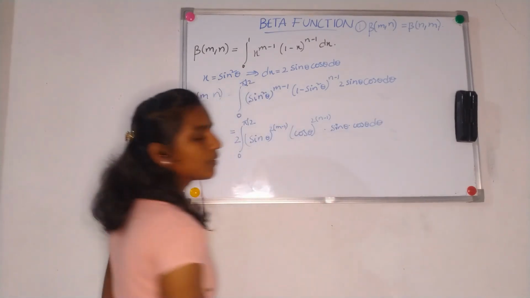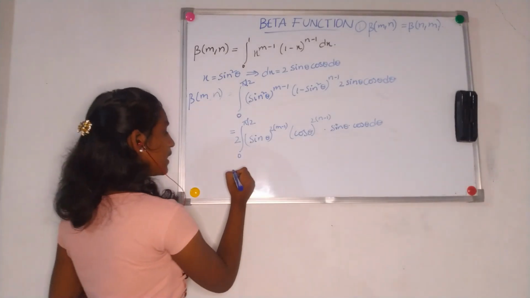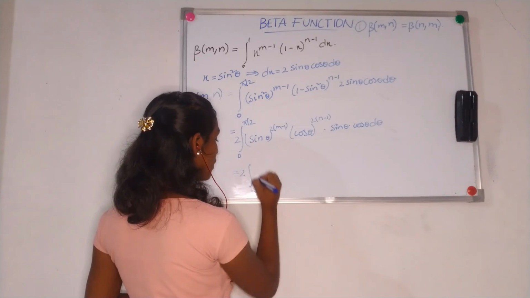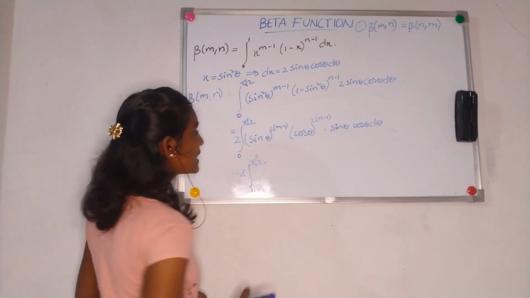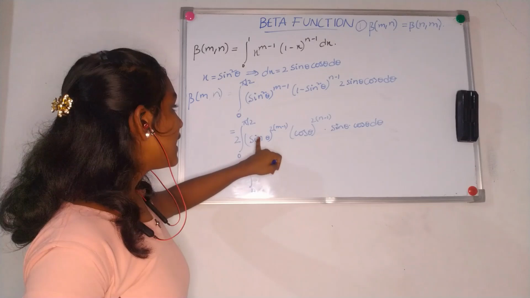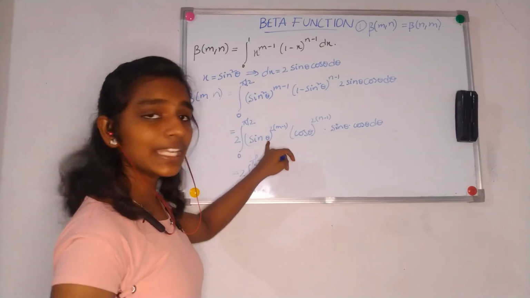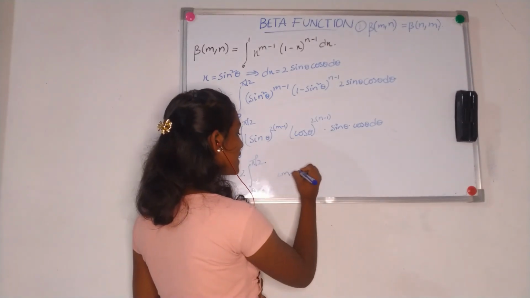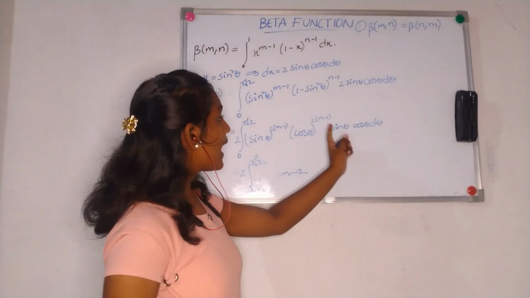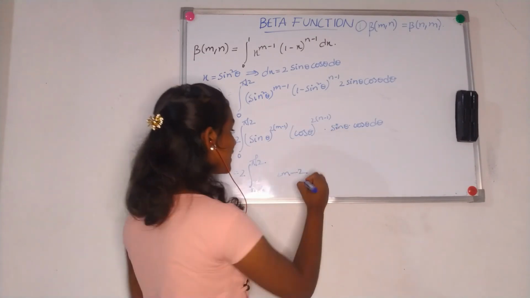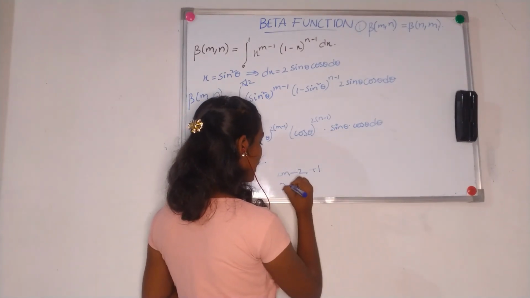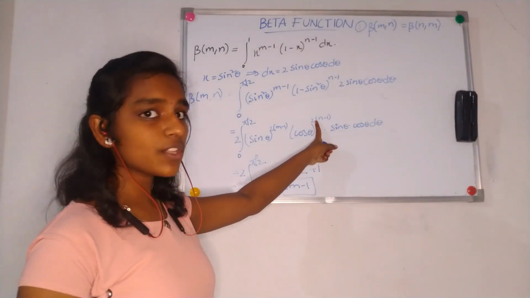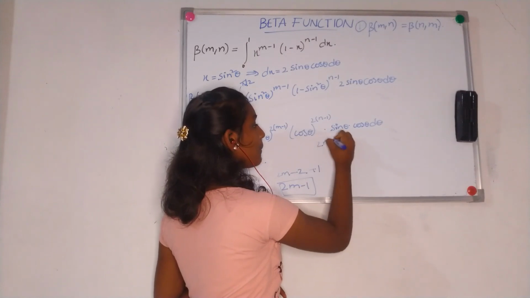Now I get 2 into the integral from 0 to pi by 2. Here I have sine theta whole power 2 into m minus 1, that is 2m minus 2, and plus 1 for the other sine theta, so finally this becomes 2m minus 1, right? The same thing happens over here also, so here I will get 2n minus 1.